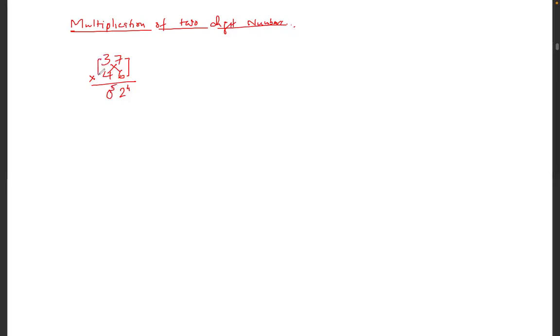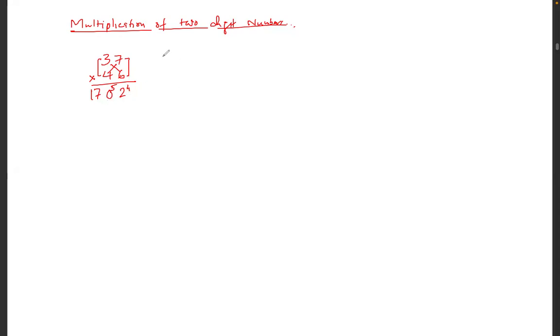Then multiply 3 and 4, straight multiplication. So 4 threes are 12. 12 plus 5? 17. So this is the answer, 1702. Straightforward. You can write it in one line.